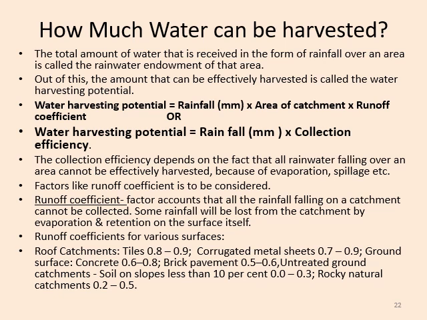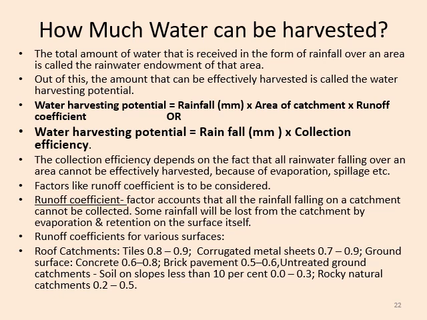The amount of water received in the form of rainfall over a catchment area is called the rainwater endowment of that area. Out of this, the amount that can be effectively harvested, meaning collected, conveyed and stored, is called the water harvesting potential.